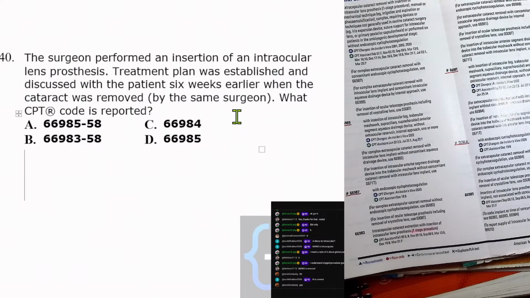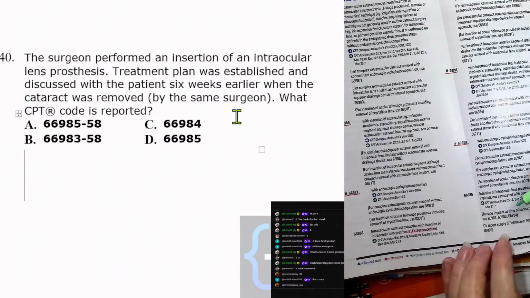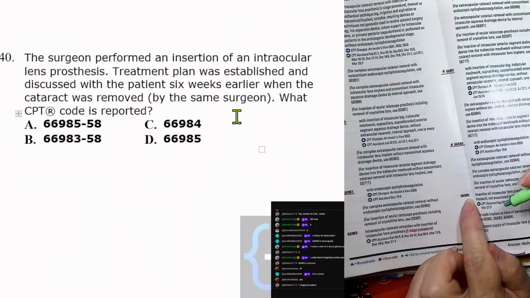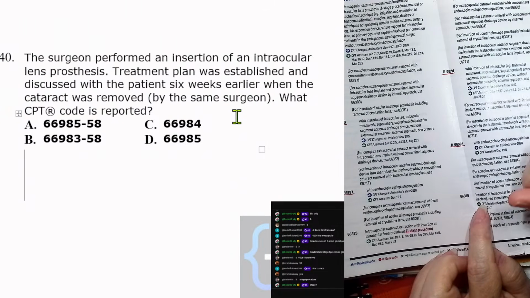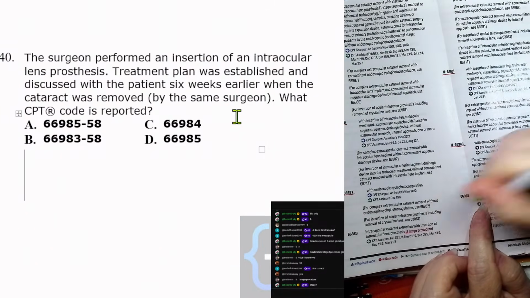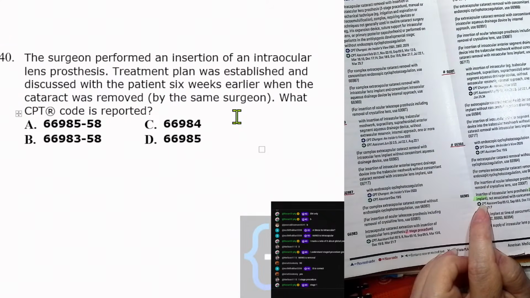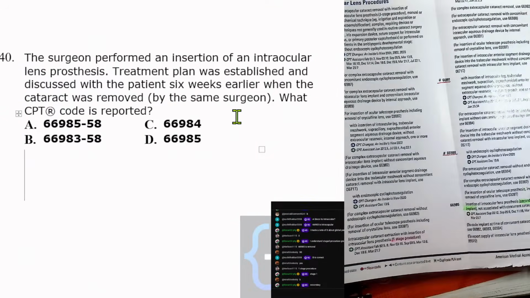Stage 1, that's right, Go-Kart. In our code 66985, what's inside the brackets there? What's the bracket say of that CPT code descriptor?